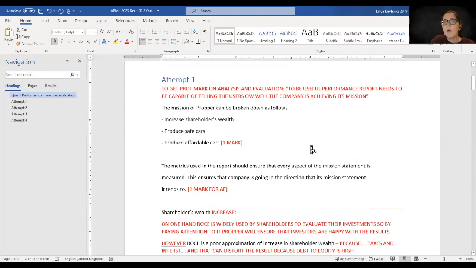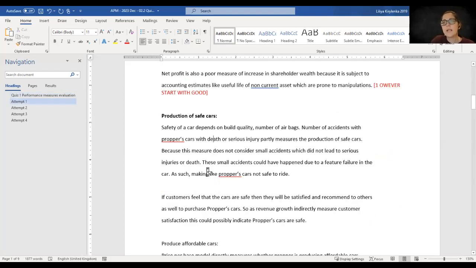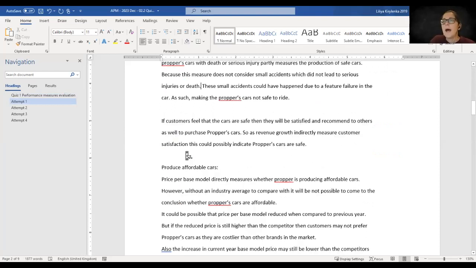So I would say that you could have probably gotten a mark here, but I do not really like the volume. We need to work on volume as well. While revenue growth, I would not say that this is a relevant point, because if you just bought a car and you just drive there and you do not get any accidents, you do not really know how safe it is.